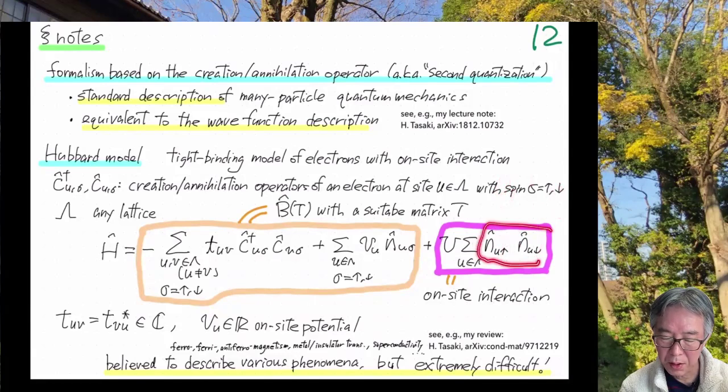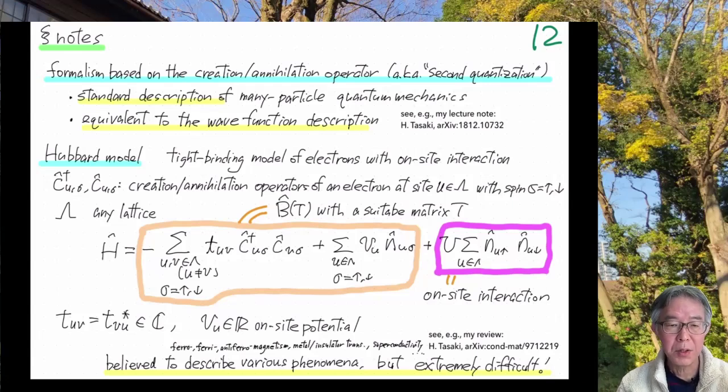This can again have eigenvalue 0 or 1, and it is 1 only when both of them are 1. That means that if both an up spin electron and a down spin electron are at a single site U, then this becomes 1, and usually this is positive, you get extra energy. This is Coulomb repulsive energy.